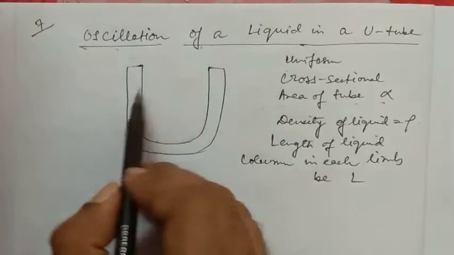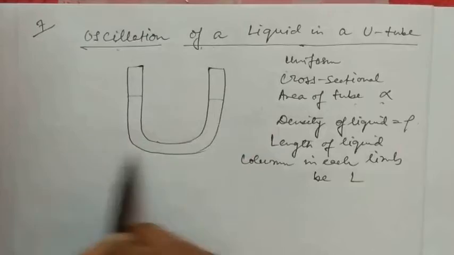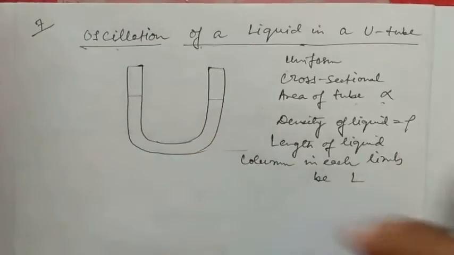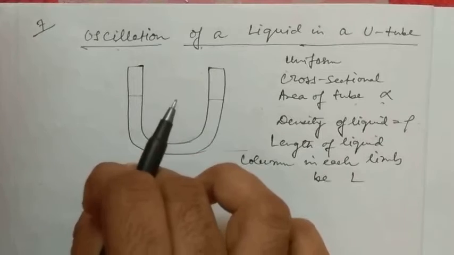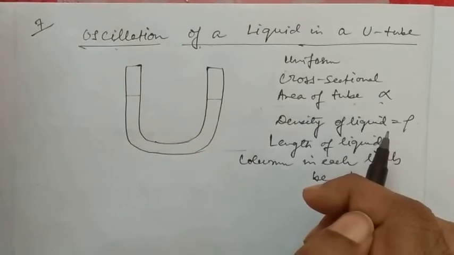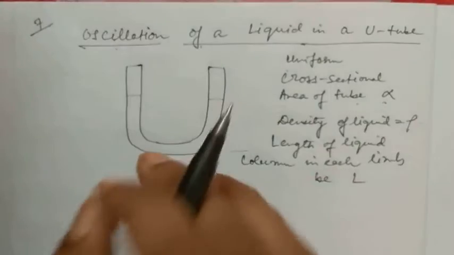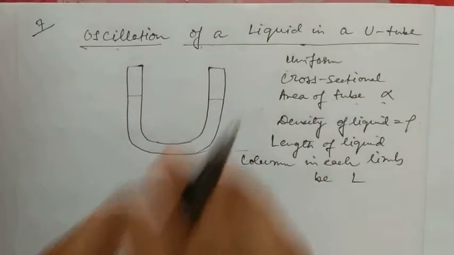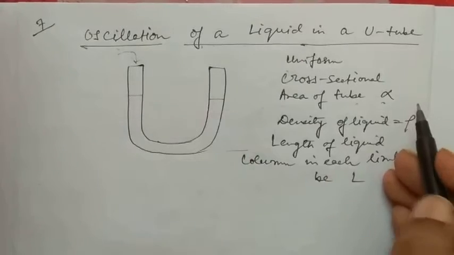At the first instant, the liquid will be present in the tube at the same height from below in both the limbs. But to start oscillation in this liquid, what we can do is force air through our mouth into one of the limbs.